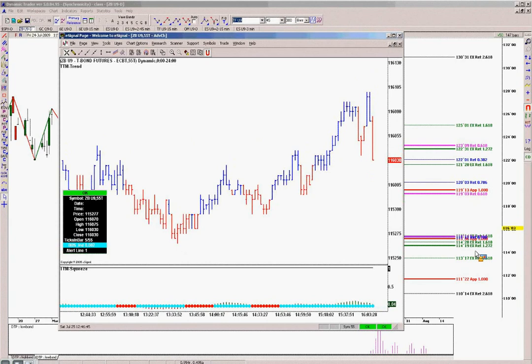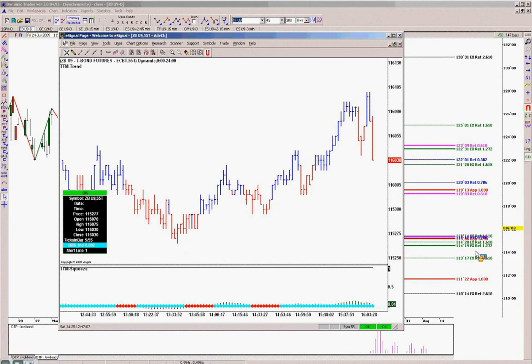Okay, let's see, another question. Do you move the initial stop after you get the first target and second target? I like to move the initial stop to break even as soon as possible. I'd have to go back and look at some of the settings that I have on NinjaTrader.